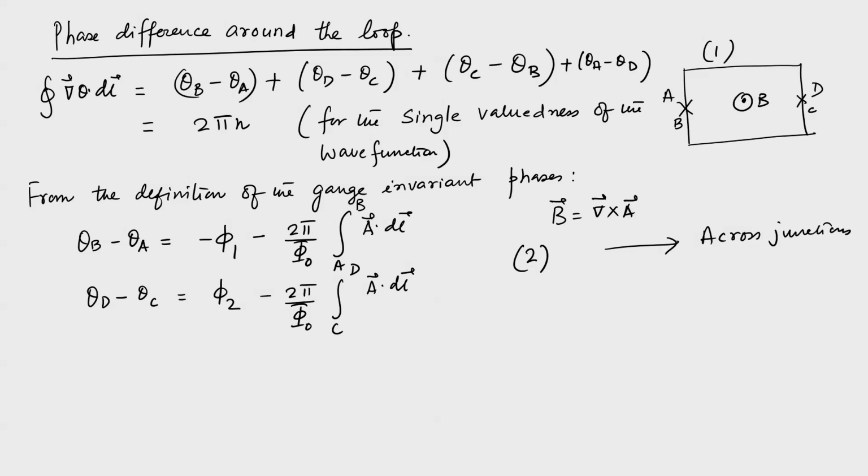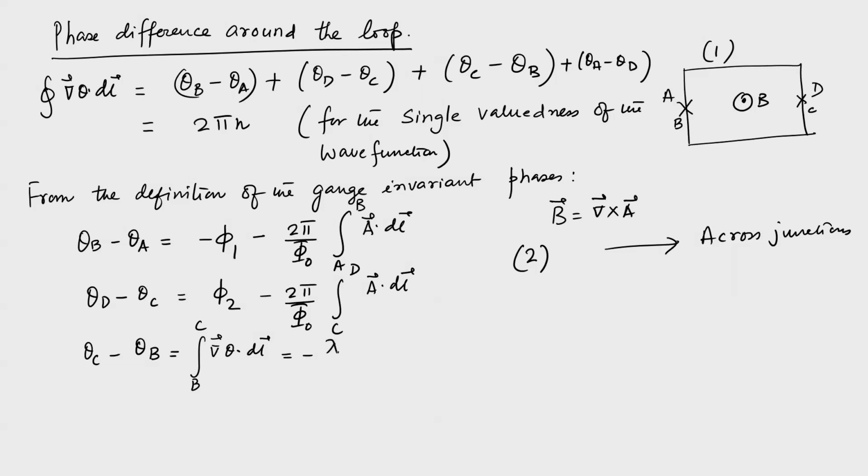And what about the superconductors? The superconductors will have theta c minus theta b, which by definition is the integral from b to c of the gradient of theta dotted with dl.